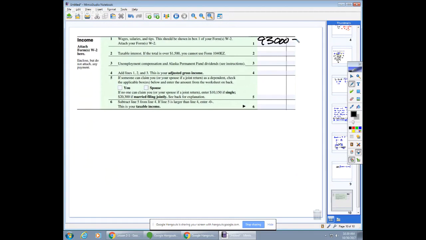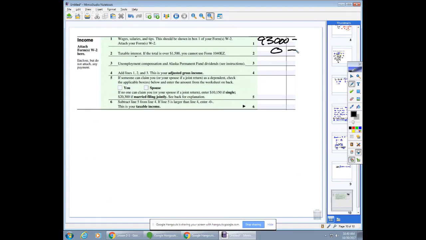This is taxable interest, I read it as taxable income. If there's any taxable interest, like from some investment that you made, if it's over $1,500, you can't use this form, you're going to use a different one. So did they have any other income, interest income? They said no earlier, so that's going to be a 0.